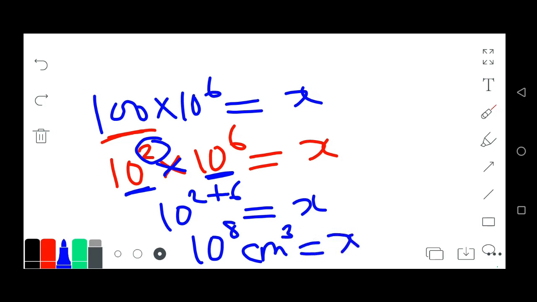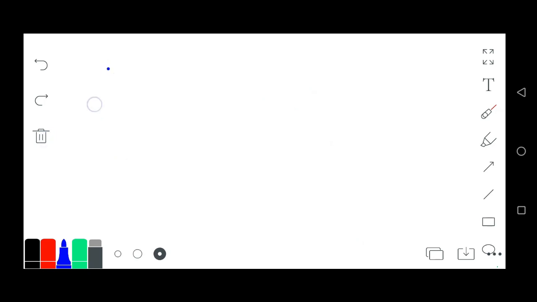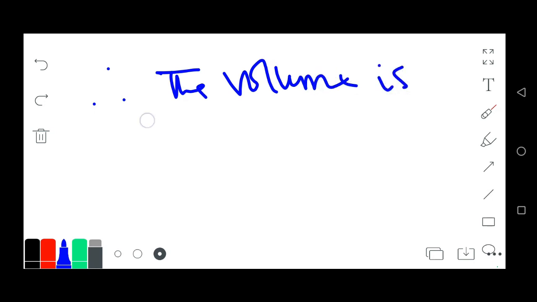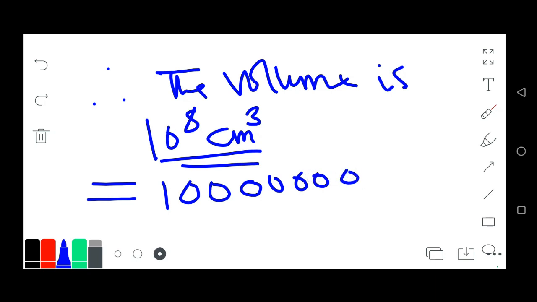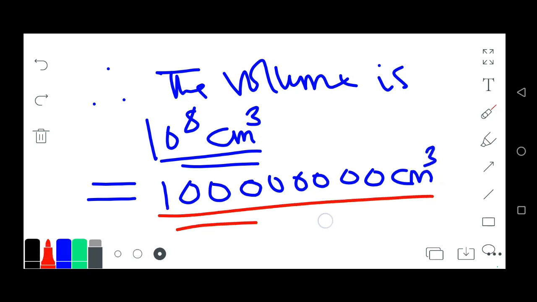So therefore the volume is 10 to the power 8 centimeter cubic, okay, which is just 1 followed by 8 zeros. So this is the answer.